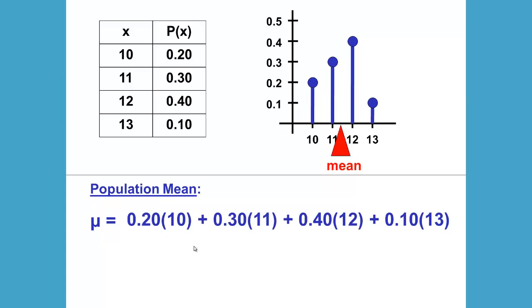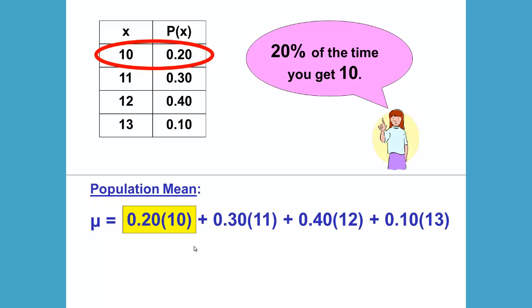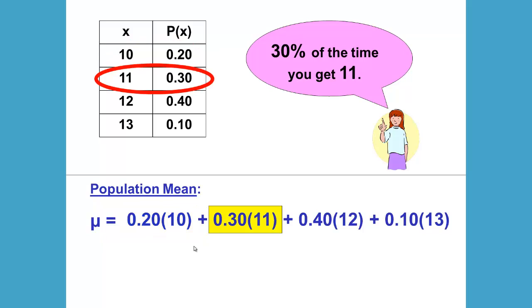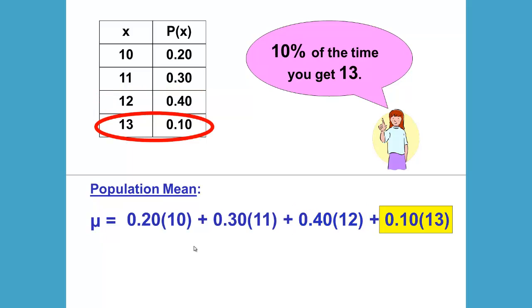Where did they come from? Well, think back to what we said to start with. 20% of the time you get a 10. 30% of the time you get 11. 40% of the time you get 12. 10% of the time you get 13.